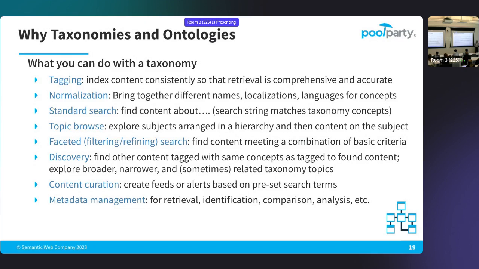And when the taxonomy concepts are tagged to content, they become metadata on the content. But the metadata serves other purposes too. It's not just to search and retrieve. It's also to identify, know better, or do comparison or analysis. What else shares the same metadata, and look at that.